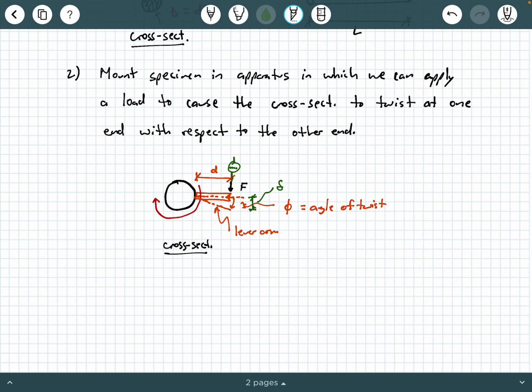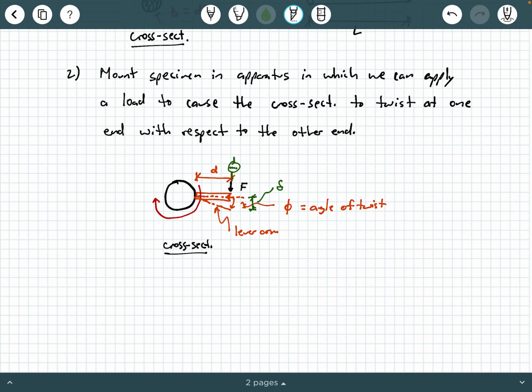What we directly measure is delta. But you could have another apparatus where you measure the angle of twist directly. Nevertheless, you either get the angle of twist phi directly, or from a simple calculation of a direct measurement of little delta.